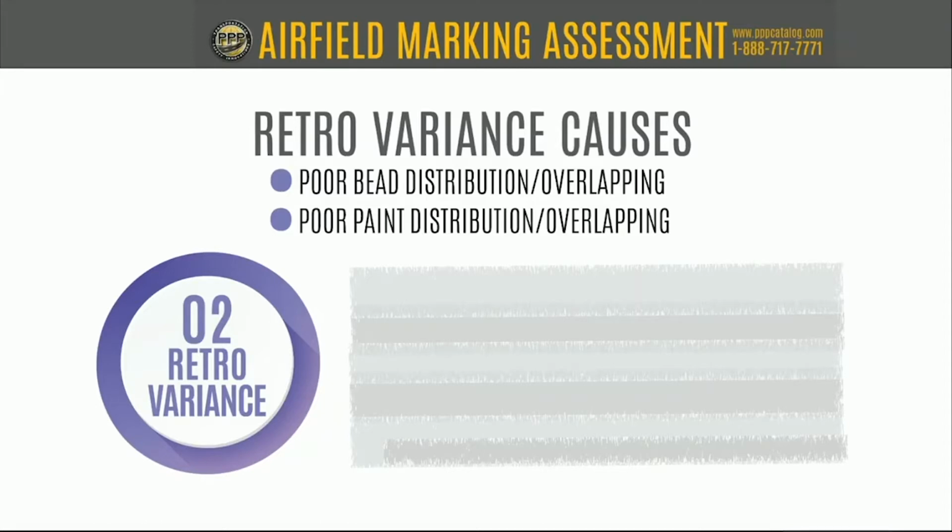But the problem that you see normally is that the beads are not being evenly distributed, or the paint's not evenly distributed, which can cause variance in bead embedment. And you could have a 3-foot line that looks like two 12-inch lines. So I think that can be confusing to the airfield users. So Mike, your thoughts on that?